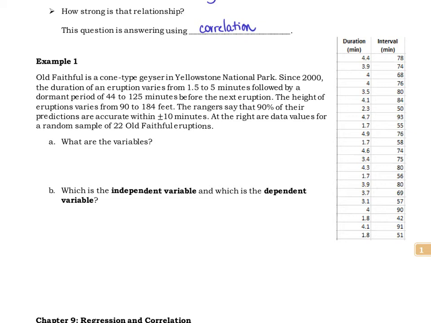All right, so we've got some information here about Old Faithful. Please take a minute to go ahead and read the info there about Old Faithful. And the first question we're going to ask is, what are the variables? Well, we've got two, and they're listed right there, not only in the text of the problem, but in the chart at the right.